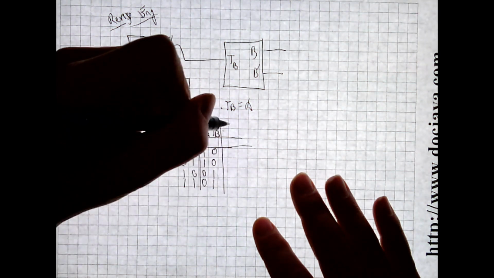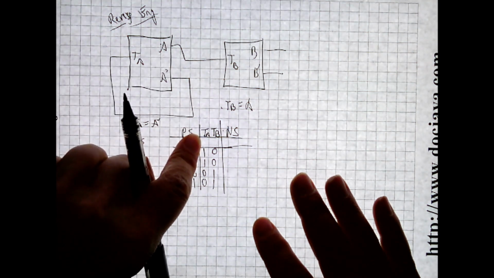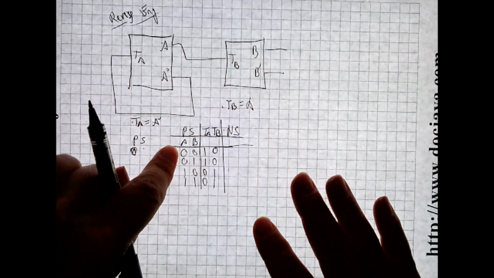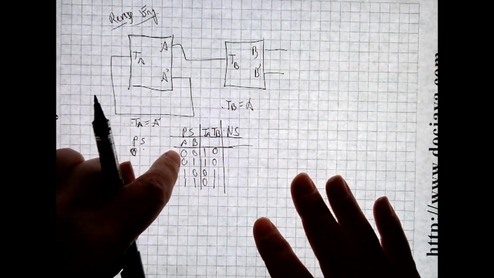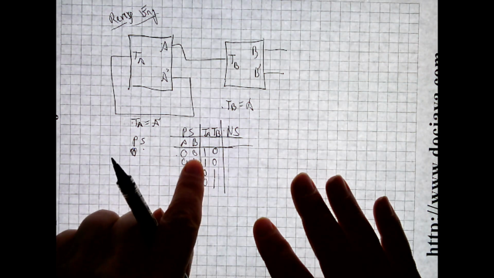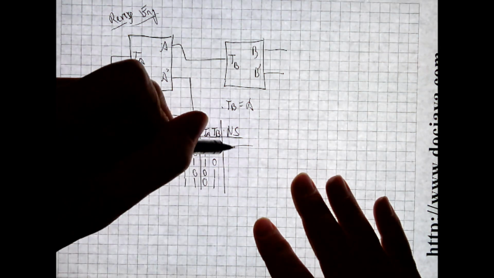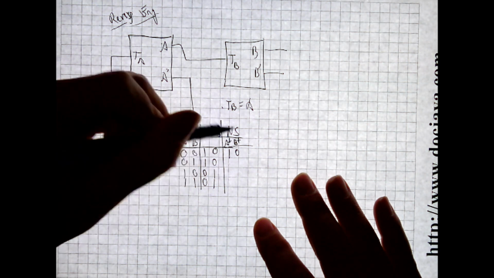And then we can write out the next state based on our knowledge of what toggle flip-flops do to the present state. When they're a 1, they change the bit. When they're a 0, they do not change the bit. So here, A changes, B does not change, and so I get 1, 0 for my next state, A plus, B plus.